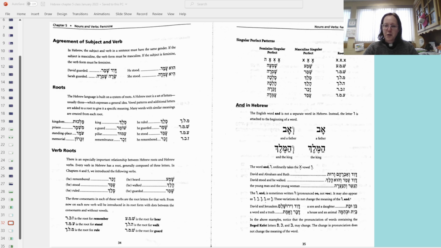Well, okay, go back. I said the masculine first. The root is Shin, Mem, Ayin. Then we have the vowels added, which is Shama. Then we have in the left column, the feminine vowels are added and the ending. So it is Shamah. Shamah is the feminine.